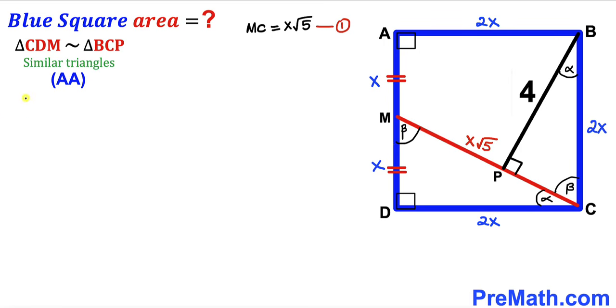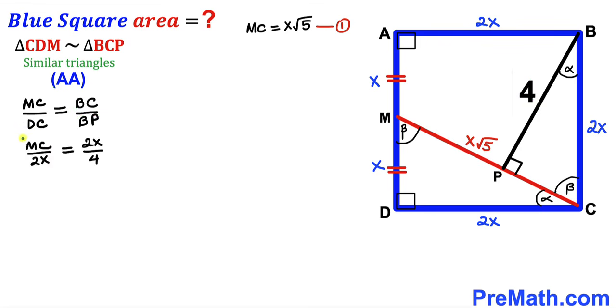We can write the ratio of MC to DC equal to the ratio of side length BC to BP. Now DC length is 2x, likewise BC length is 2x as well, and finally BP length is 4 units. So I'm going to replace this by 4.